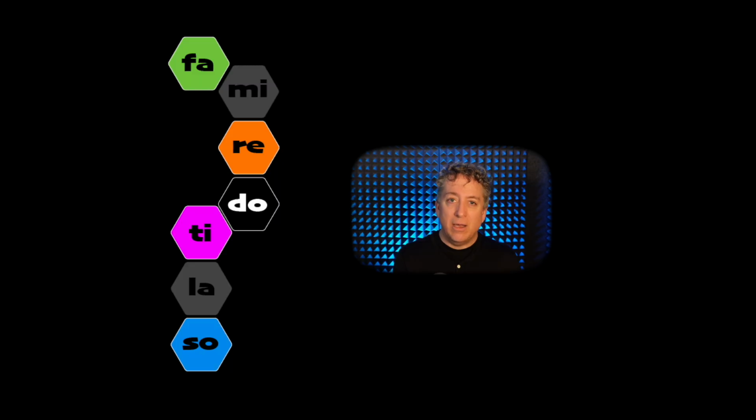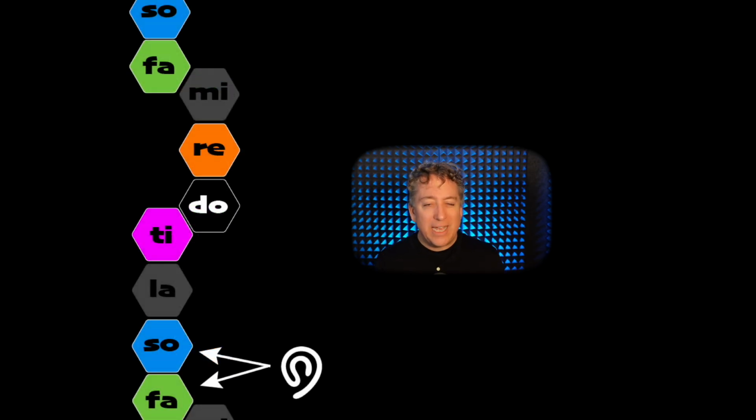Now, it's helpful to distinguish the sound of this chord, so, ti, re, from this chord, so, ti, re, fa. Now, in real time, as music flows along, it's kind of tricky to think, so, fa. And now here's where the tactic comes in.